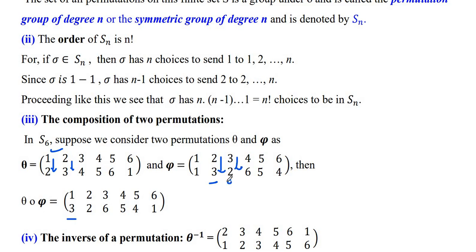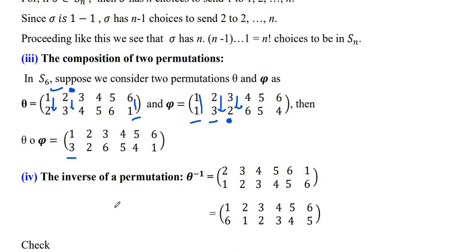So that means you have 2 being taken to 2. Like that, 3 to 4, here 4 to 6, so 3 to 6; 4 to 5, 5 to 5, so 4 to 5; 5 to 6, 6 to 4, so 5 to 4; 6 to 1, and 1 to 1, so you have 6 being taken to 1. So that is how the composition of two permutations is calculated.